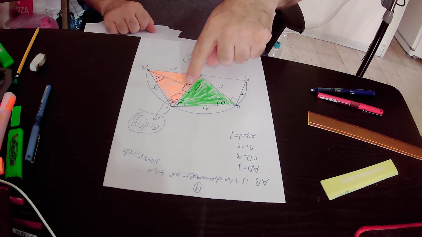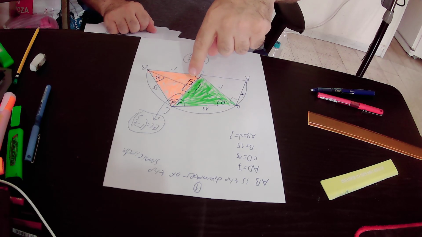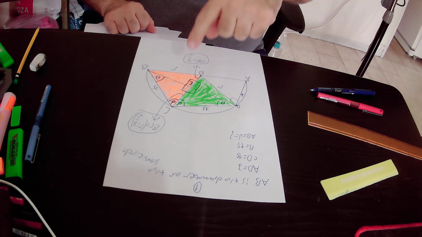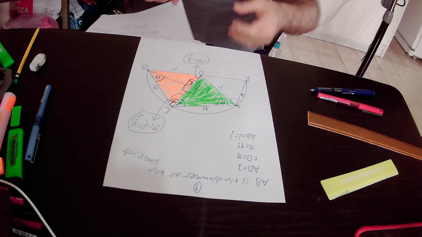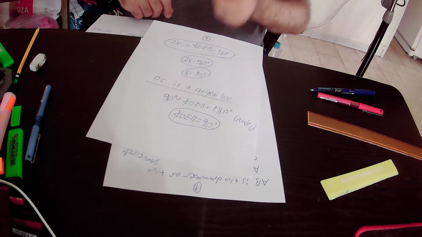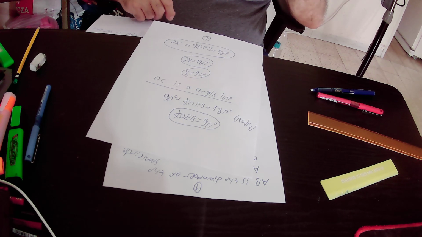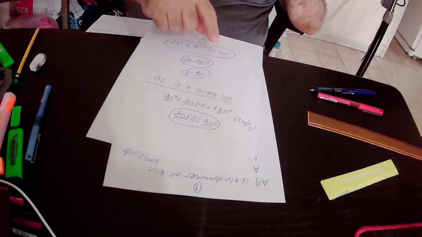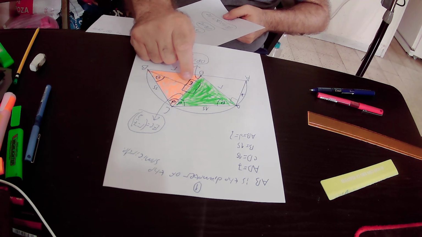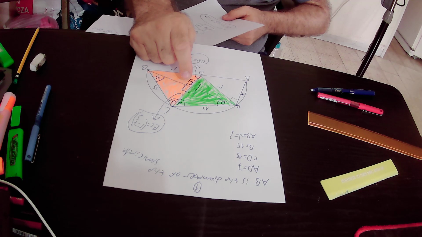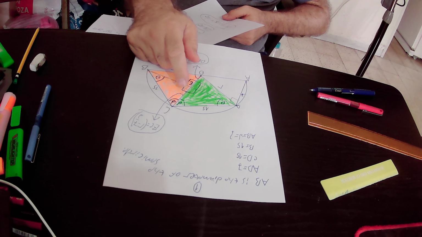So if we focus on point E, 90 degrees plus this angle, angle OEB, must be equal to 180 degrees according to rule number 3.